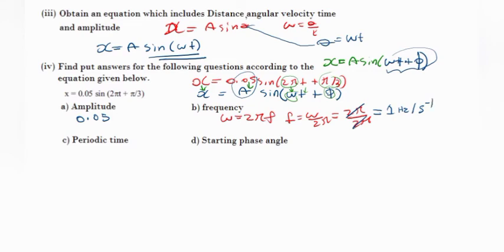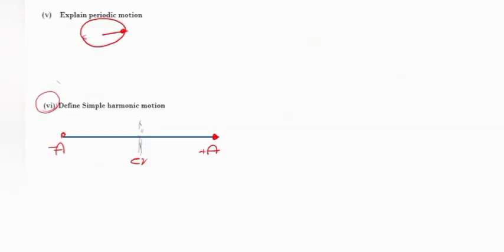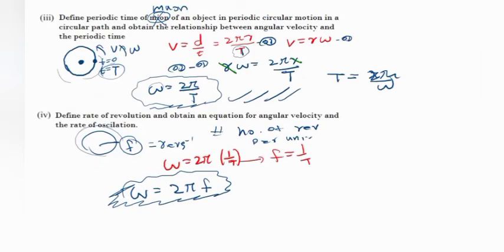Now the periodic time, in the same way. We obtained the equation: omega is equal to 2 pi over T. I showed you how to obtain it. So T is equal to 2 pi over omega.